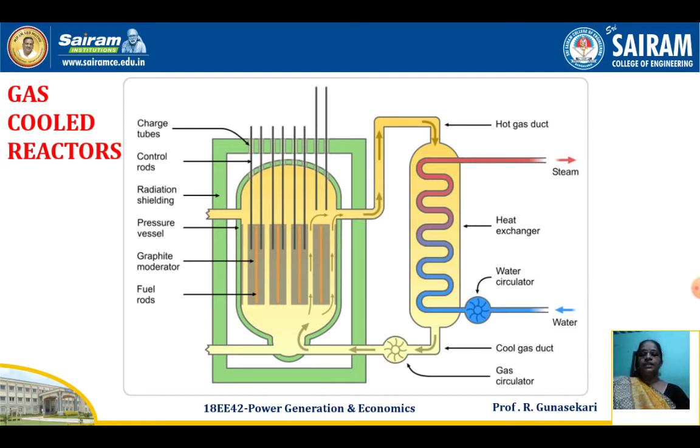In the radiation shielding, the parallel lines are the charge tubes. Inside the charge tubes only the control rods are passed through. The black vertical long line represents the control rods.